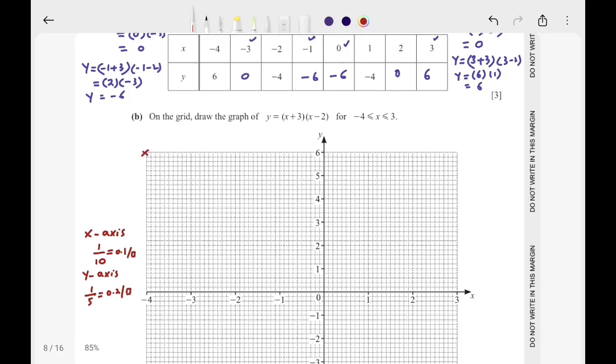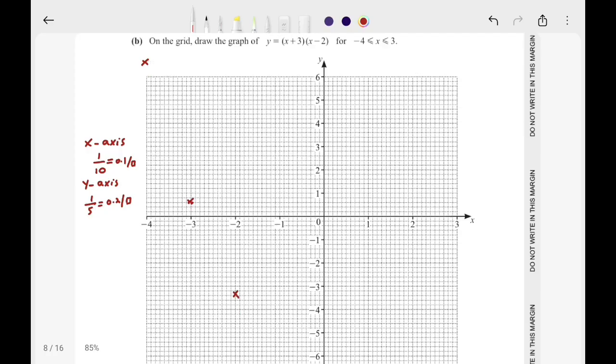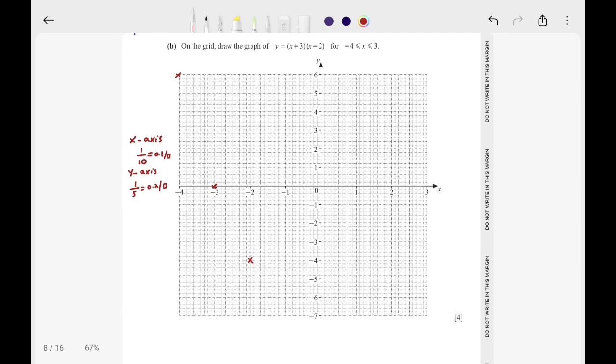We have to put a small cross. Then against minus 3 it is 0. And against minus 2 it is minus 4. Minus 2 and minus 4 would be here probably. And then minus 1 and minus 6. Minus 1 and minus 6 would be here.